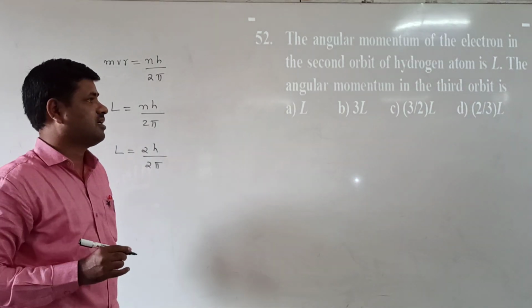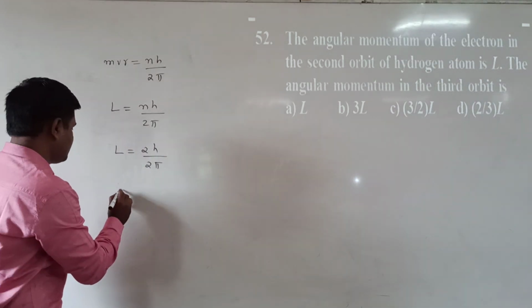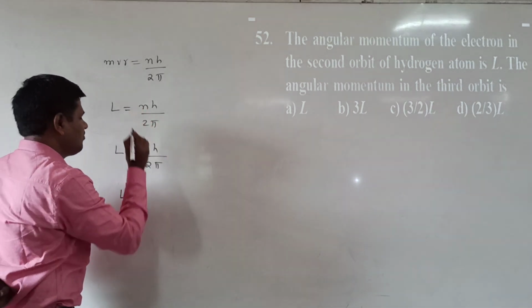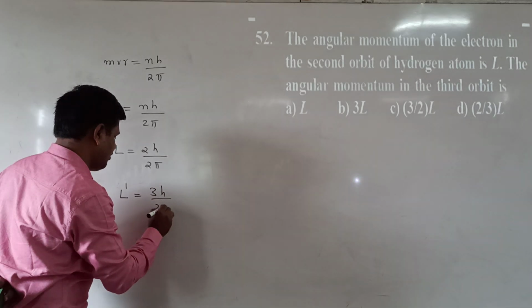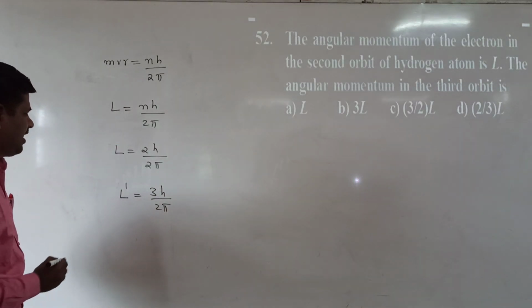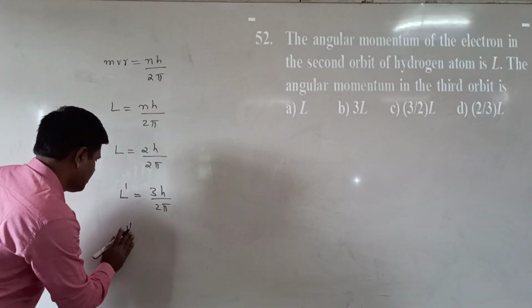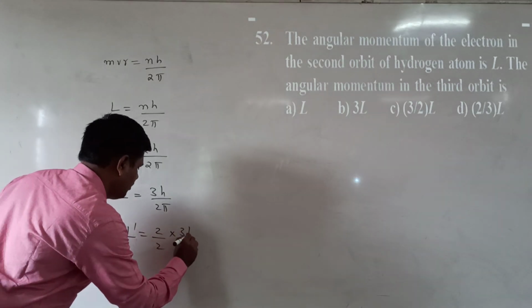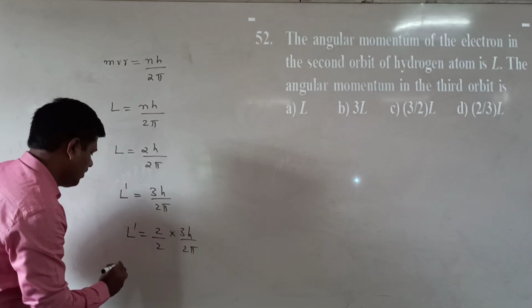But for which orbit is it asked here? The third orbit. For the third orbit, I have taken L dash, the new angular momentum, and in the place of L I am writing 3h by 2 pi. Now multiply and divide this with 2. So L dash is equal to 2 by 2 into 3h by 2 pi. Now what are we getting here?